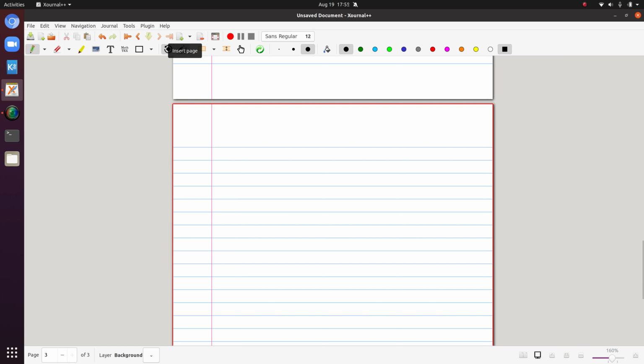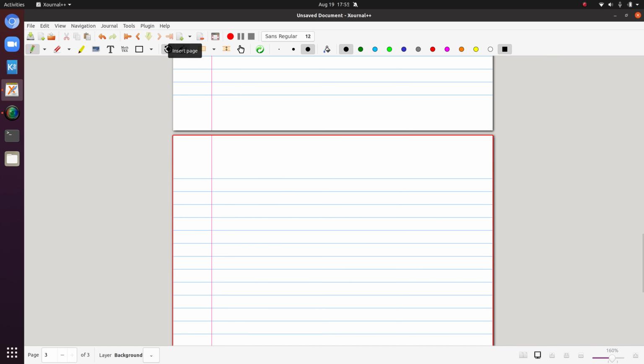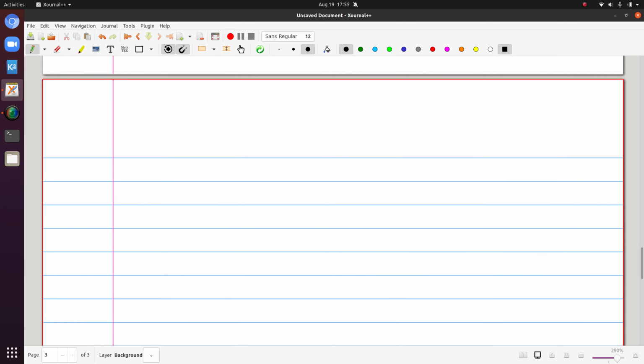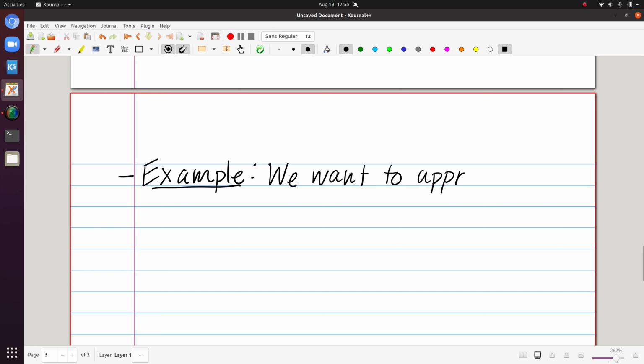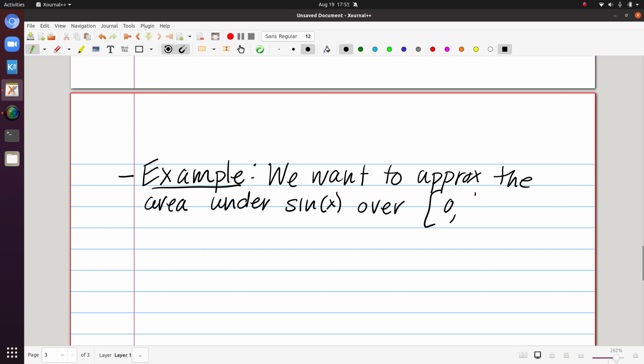So what I'd like to finish with here is just a brief example, putting this into practice. So maybe I'll zoom in a little bit here. Let's assume that we want to approximate the area under sine of x over the interval from 0 to pi over 2.